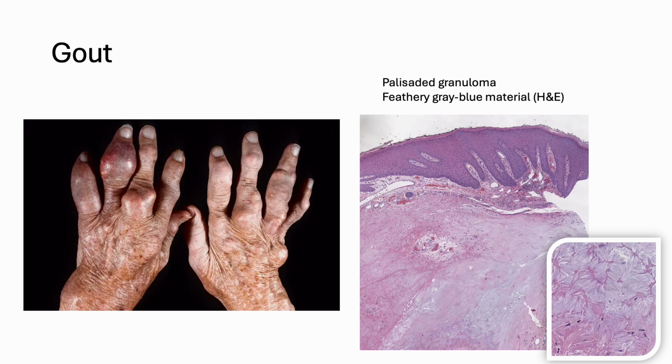So under the microscope, you can see there are some palisaded granuloma at the periphery, but you need to go to high magnification to see those amorphous but feathery, gray to blue material. This is characteristic of the uric acid crystal remnants.